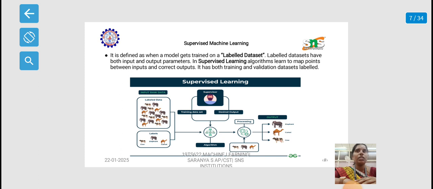After that, the machine is provided with a new set of examples, that means data, so that the supervised learning algorithm analyzes the training data, a set of training examples, and produces the correct outcome from the labeled data. For example, in a labeled dataset of images of elephant, camel, and cow, each image would be tagged with either elephant, camel, or cow.